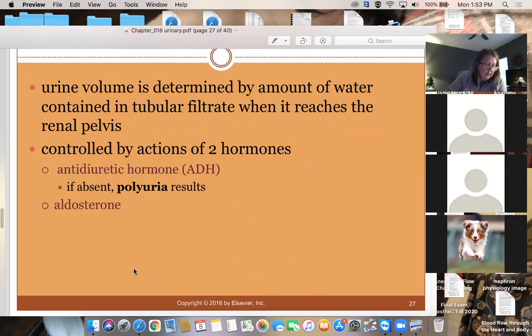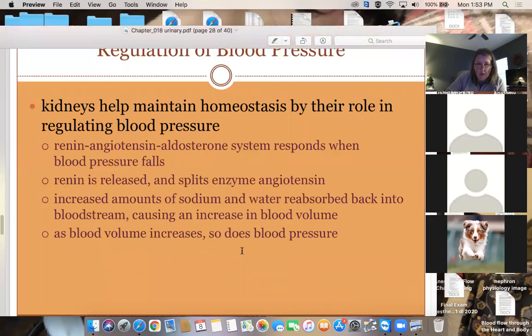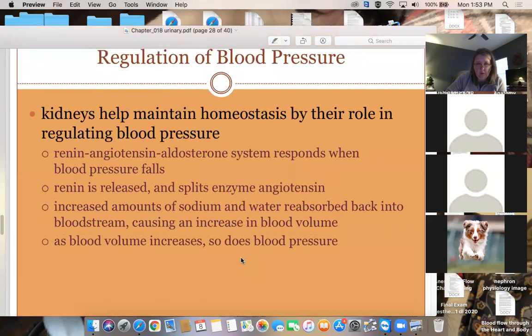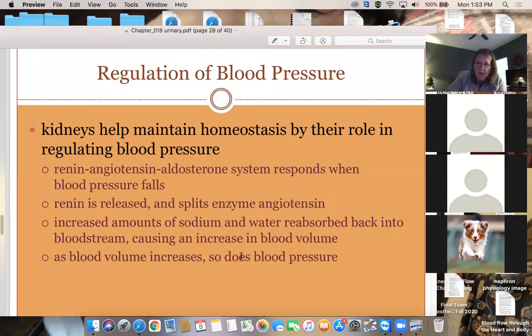If fluid is retained and not excreted as urine, how does that affect blood pressure? So what the body can do, you know what? Let me talk about this question because I don't think I talked about this on Friday, now that I'm looking at this. Okay, if the body is having low blood pressure for a variety of reasons, the kidneys will initiate this thing called the renin-angiotensin system.